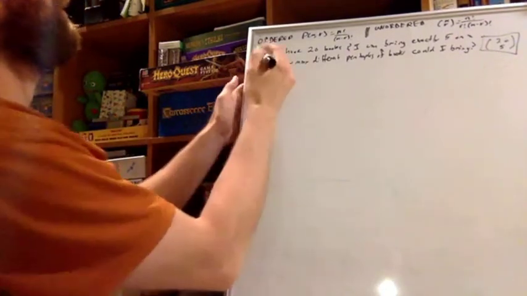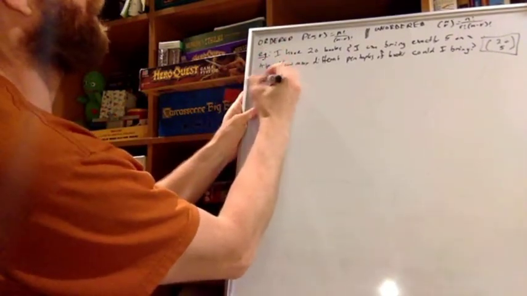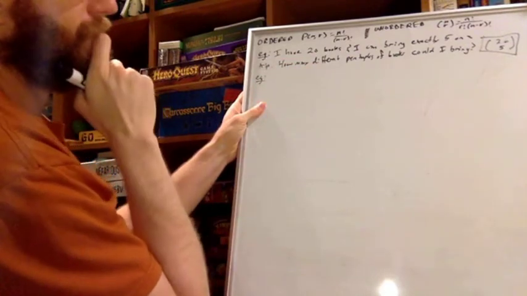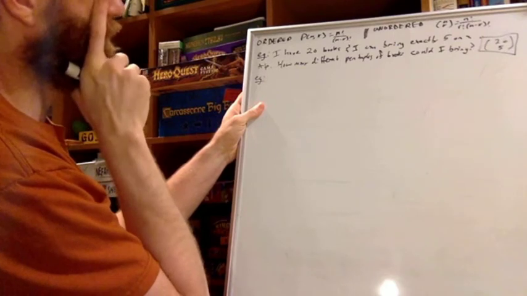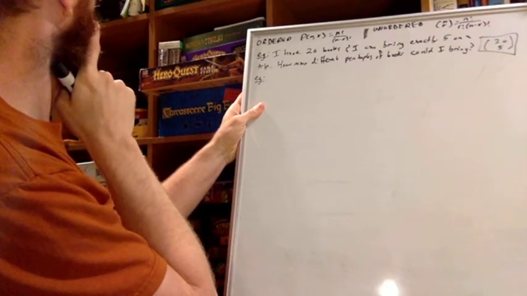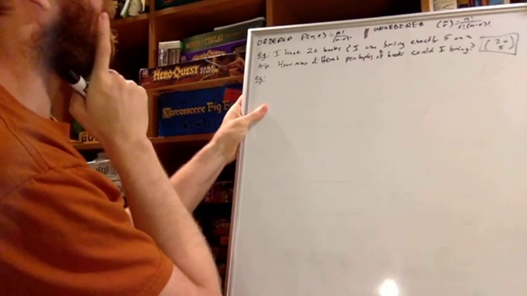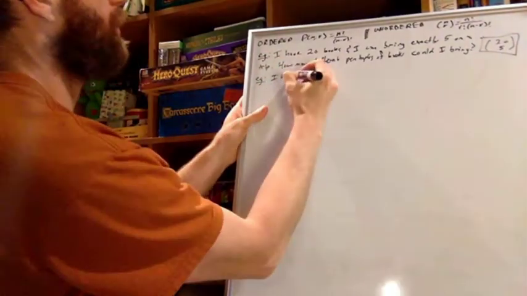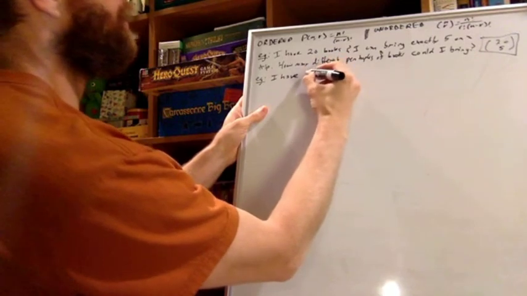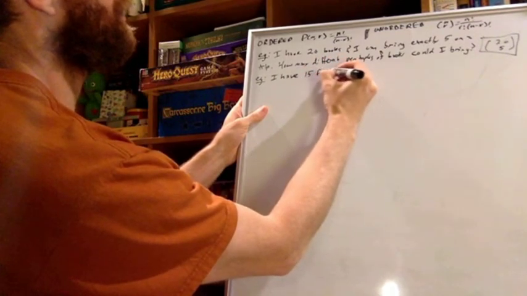Okay, another example. Let's just do the playlist. I have 15 favorite songs.